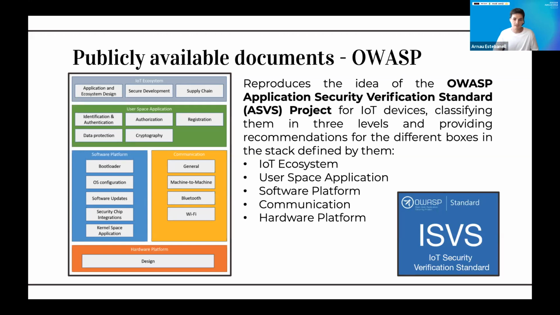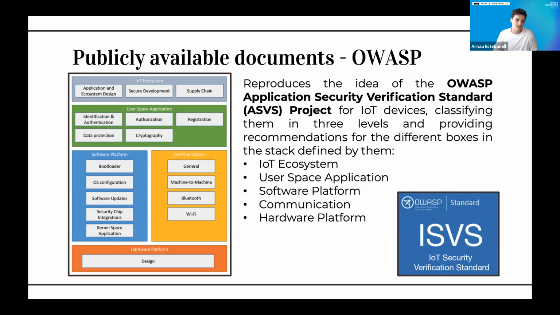What it does is it classifies IoT systems in 3 levels, depending on the type of data they are treating or the place in the factory that they are working, and then divides the IoT per se in 5 different sections. This is similar to the division, to the atomistic part that we're going to do for this pentest methodology.